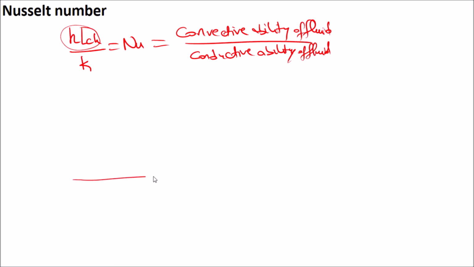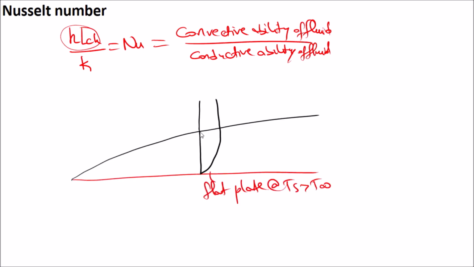So if I give a simple example here, this part is the infinity value that you have reached. Until that part you have the gradient. So this thickness, delta thermal, is only determined by the conduction. Why is it determined by conduction?